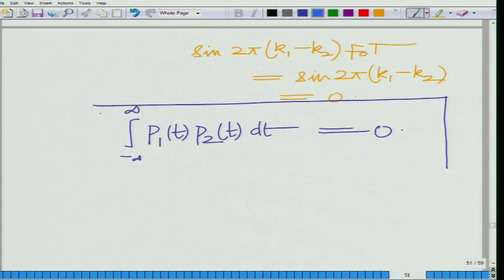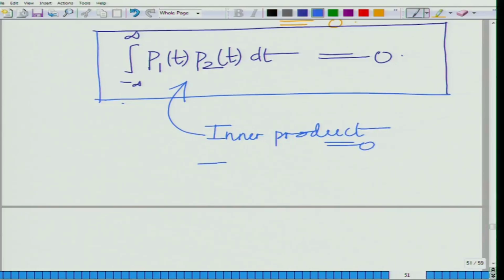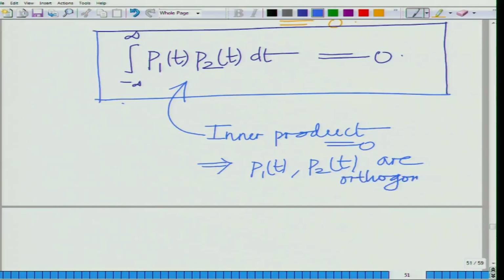So, we have the inner product equal to 0, which implies p1(t) and p2(t) are orthogonal. So, we have unit norm.